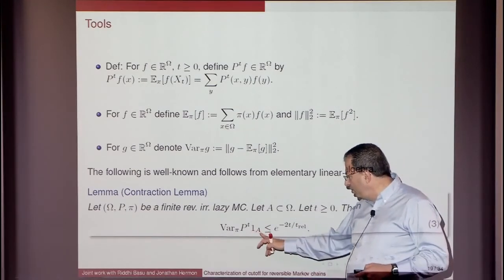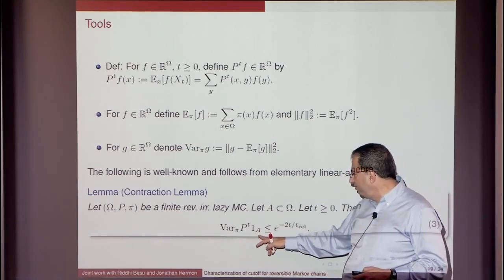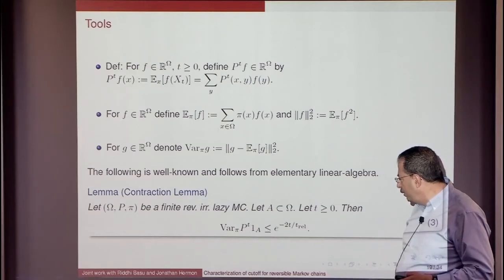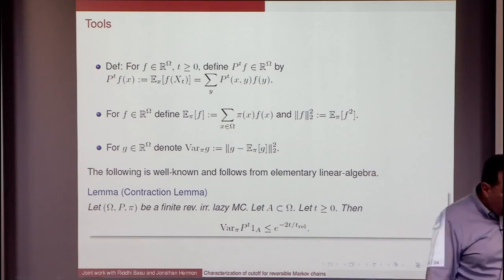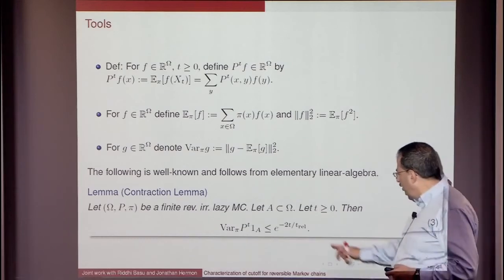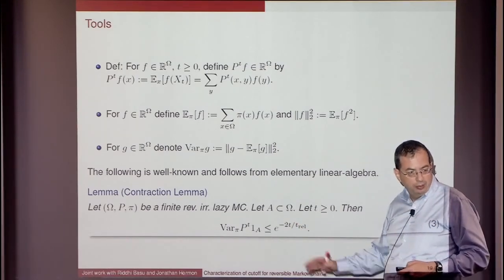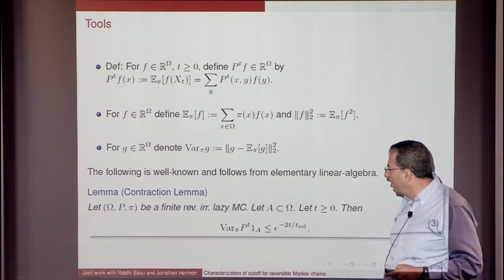As you take the indicator of a set A, or in fact any function, but here we want to take the indicator of a set and see how the variance goes down in time. Well, this is governed by the second eigenvalue. So in other words, remember that 1 over t_rel is the spectral gap. So this is just the standard spectral formula for how the variance goes down.